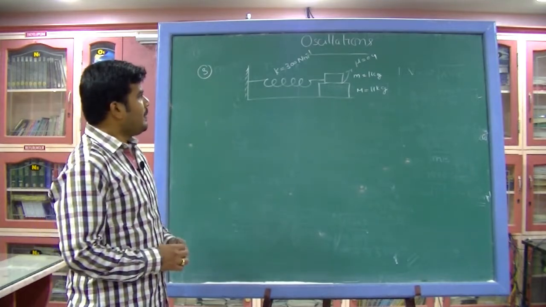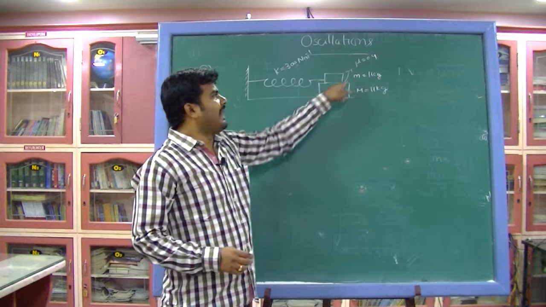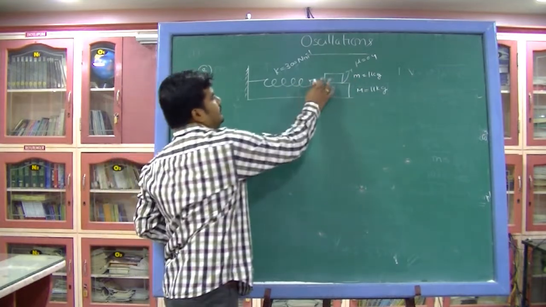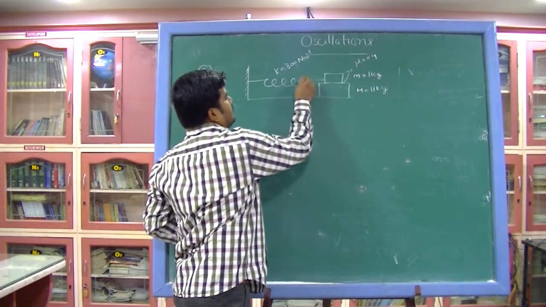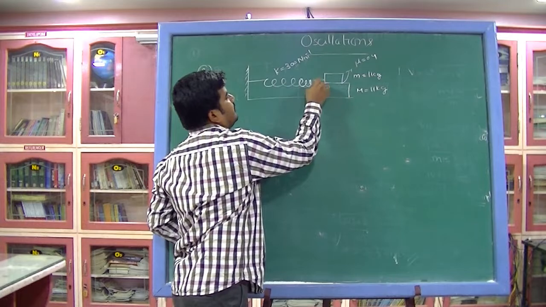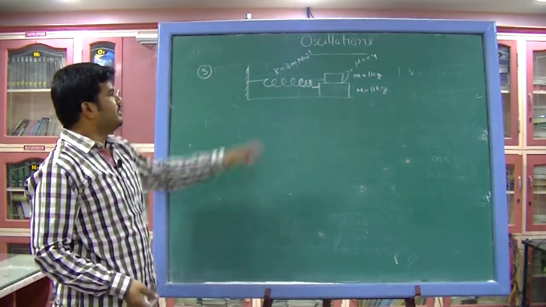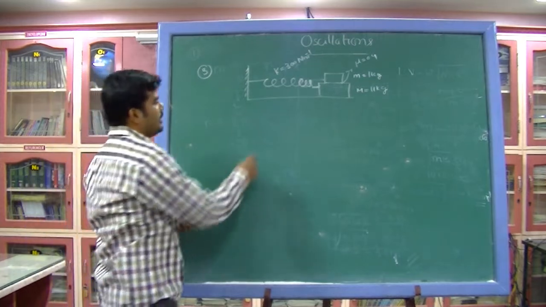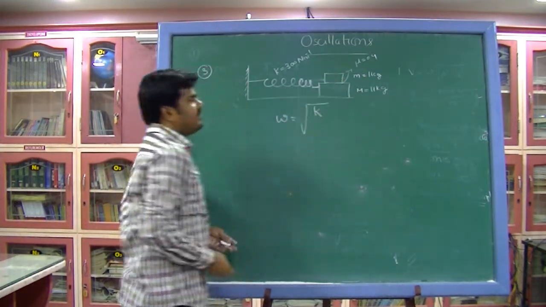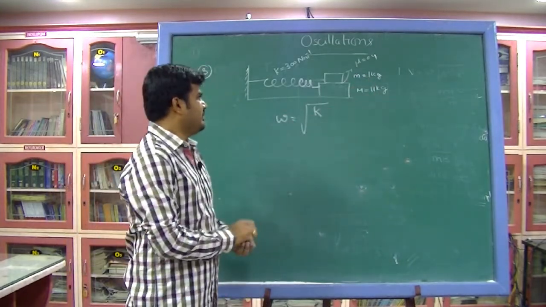So, first as the k value is given, let us find out the angular frequency of oscillations of this particular system. So, omega is equal to root of k divided by the total mass that is oscillating at the end of the spring, so 1 plus 11 kg, that is 12 kg.